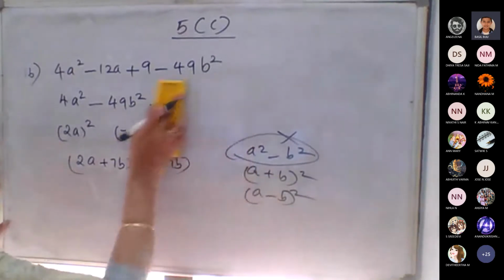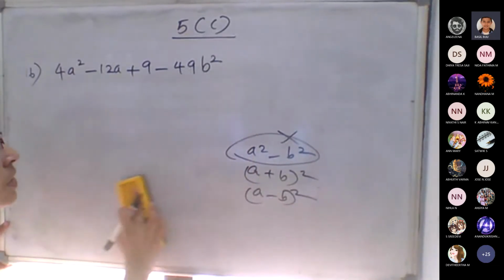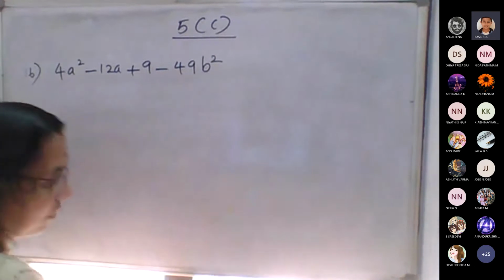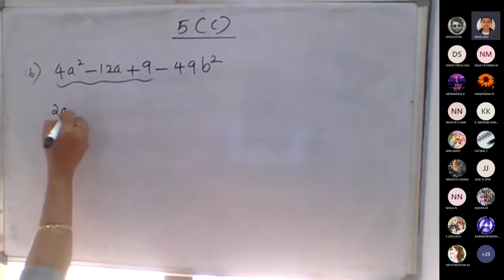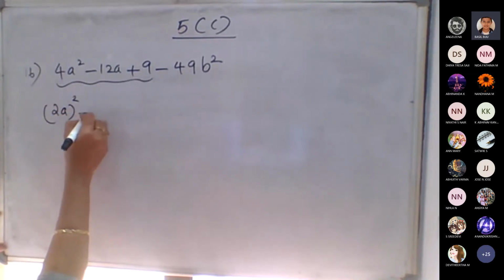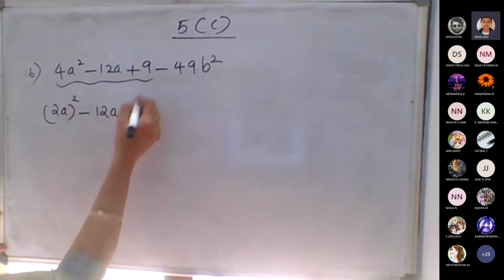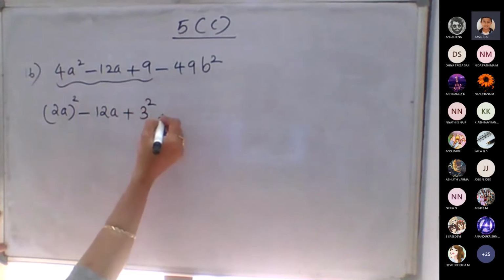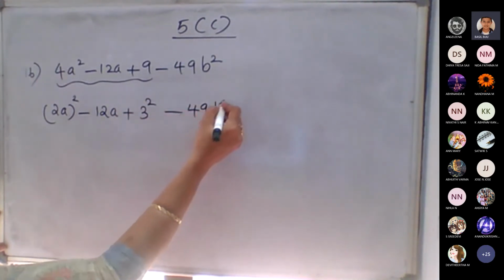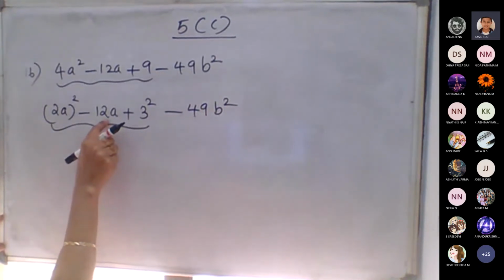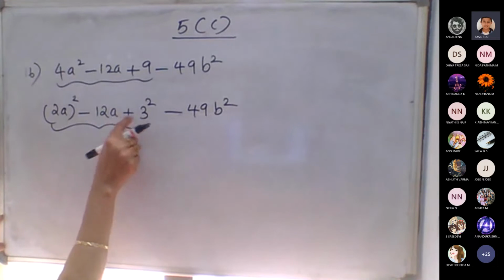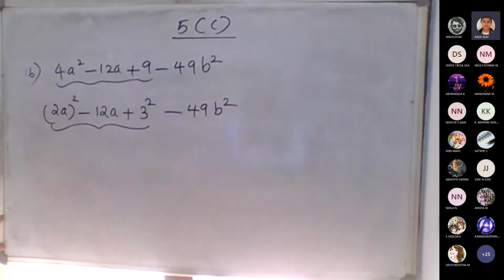Think of the first three terms: instead of 4a square, we write (2a) whole square minus 12a plus, instead of 9, 3 square. Let 49b square stay as it is. Is there any connection between 12a, the middle term, and 3 and 2a?